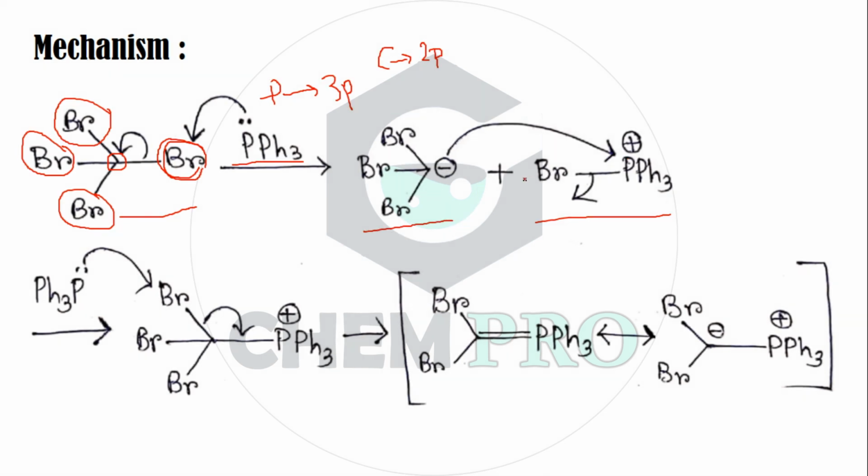carbanion. Then this negative charge will attack the P positive center and make this type of compound, and the second equivalent of PPh3 will attack this bromine and make this a ylide.